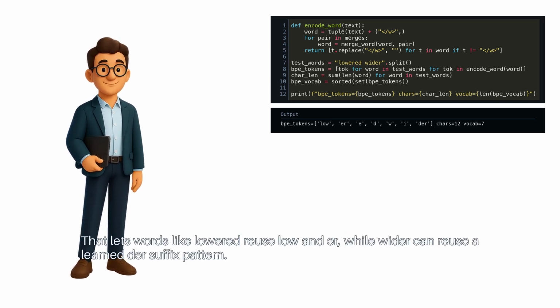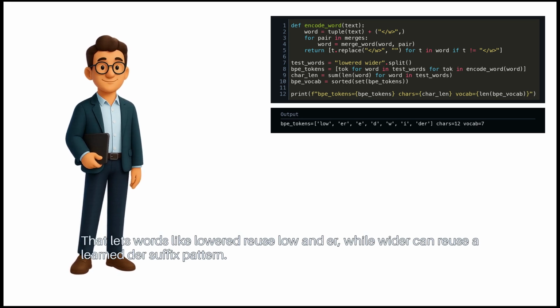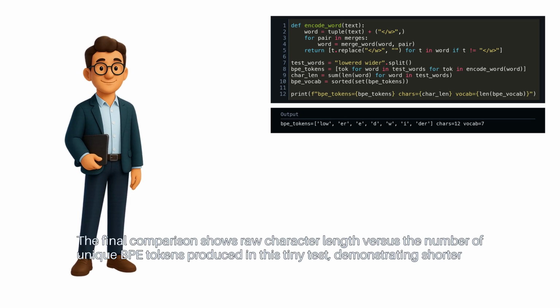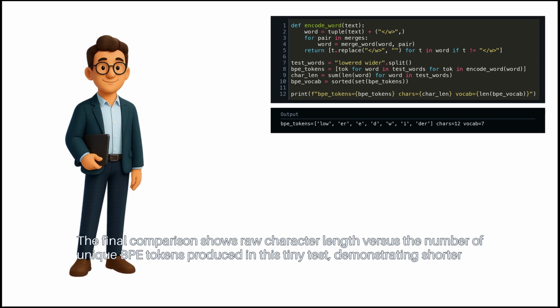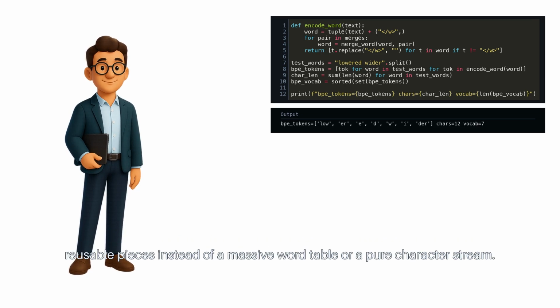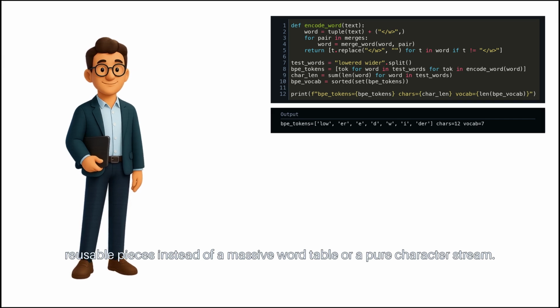That lets words like lowered reuse low, and wider can reuse a learned der suffix pattern. The final comparison shows raw character length versus the number of unique BPE tokens produced in this tiny test, demonstrating shorter reusable pieces instead of a massive word table or a pure character stream.